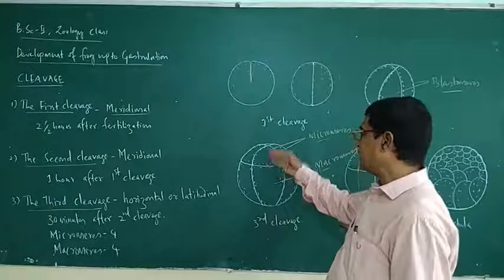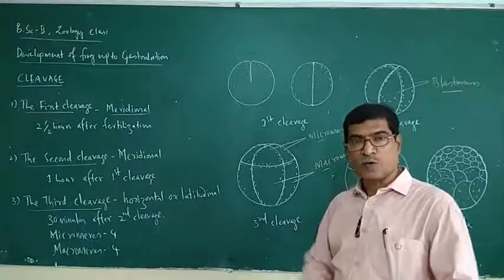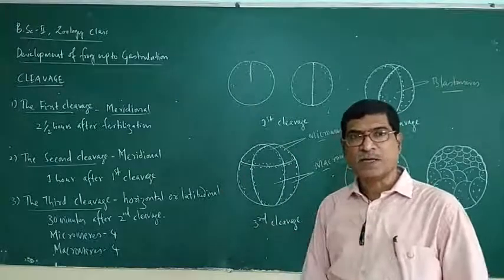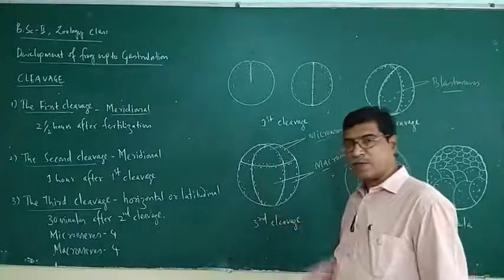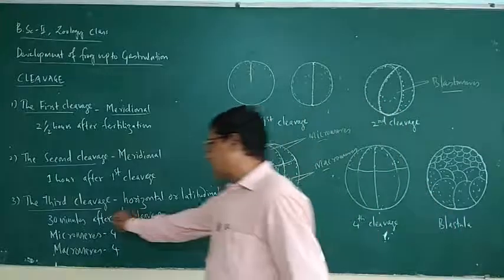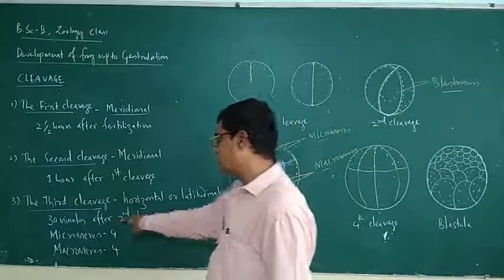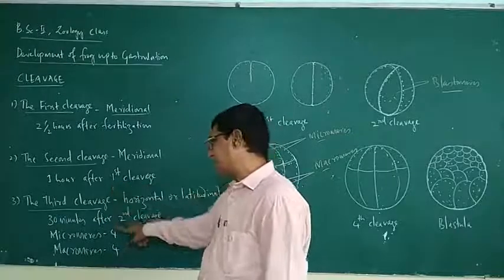As a result, micromeres and macromeres are formed. Micromeres are towards the animal polar region, and macromeres are towards the vegetal polar region. The third cleavage occurs 30 minutes after the second cleavage.